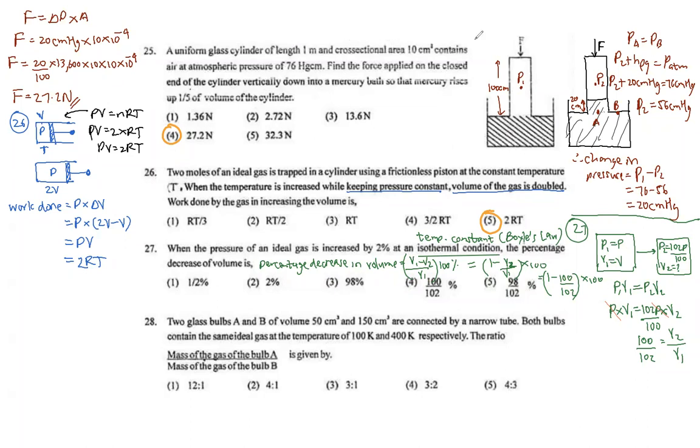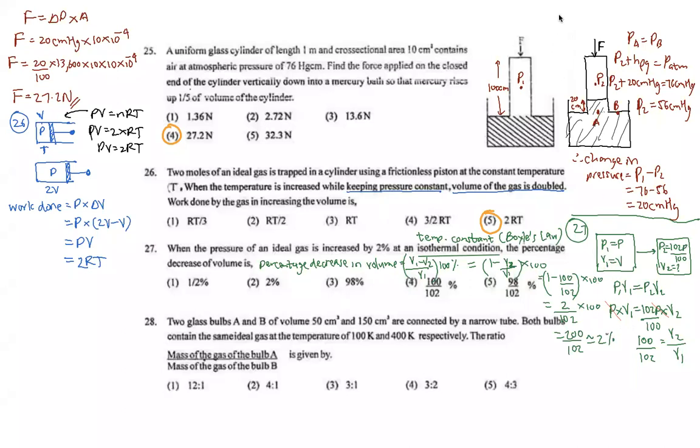We will be getting 1.9. That's reasonable, because if I simplify this, I get 2 over 102 into 100, that is 200 over 102, which is roughly equal to 2%.